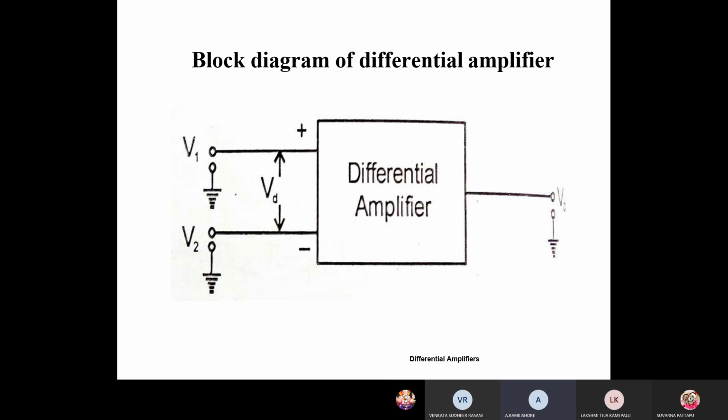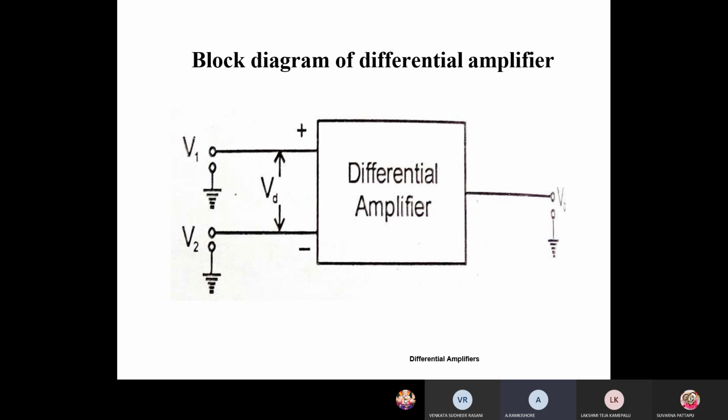That is amplified by the differential amplifier, and we get V0, which depends on V1 minus V2. Each signal is measured with respect to ground.